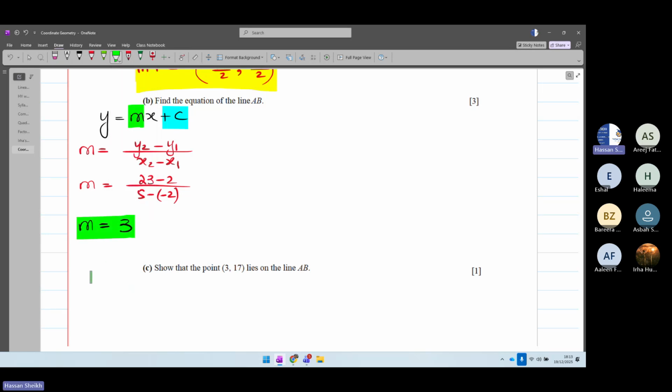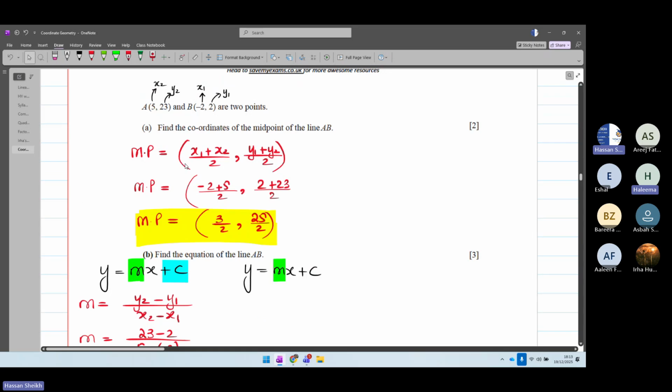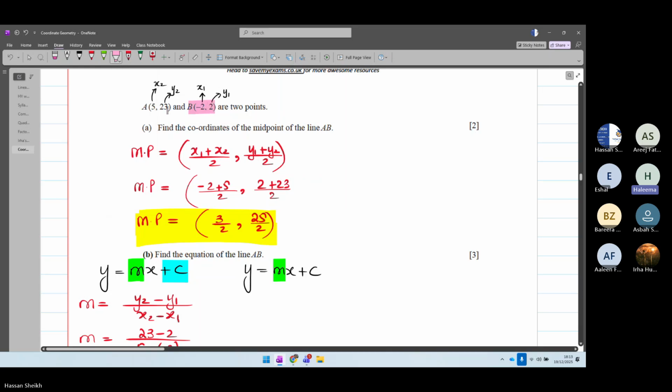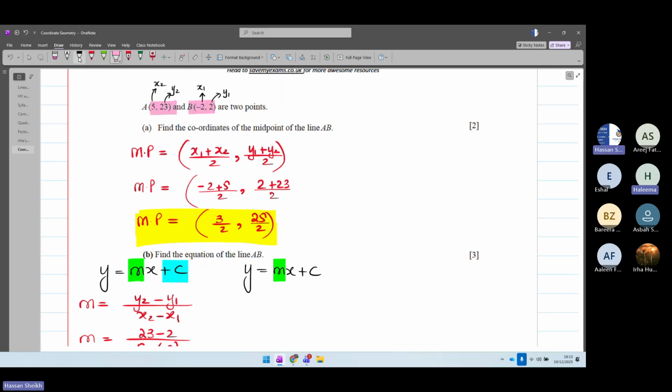Do we have m now? Yes, the slope. Now we need to find the y-intercept. Which point do you want me to use, students, out of the 2 points? Minus 2 and 2. Okay, I'm using minus 2 comma 2.